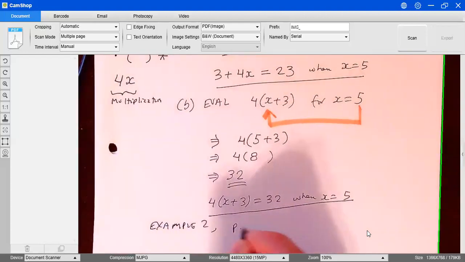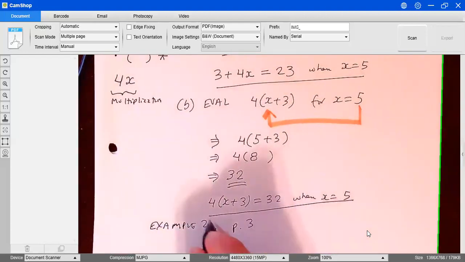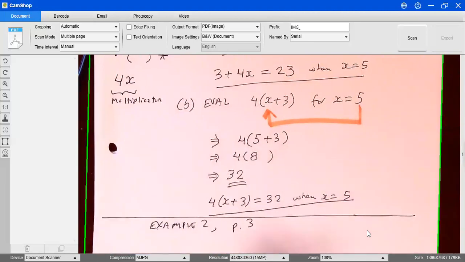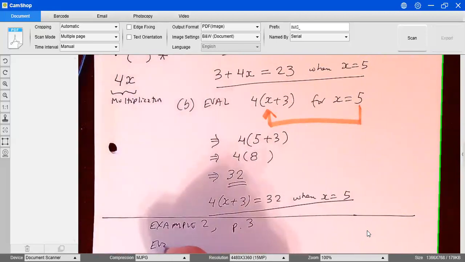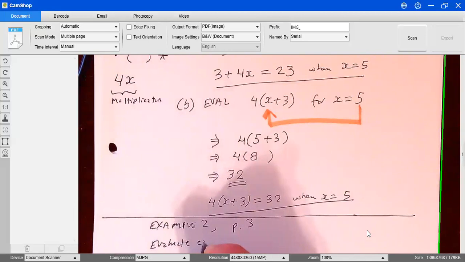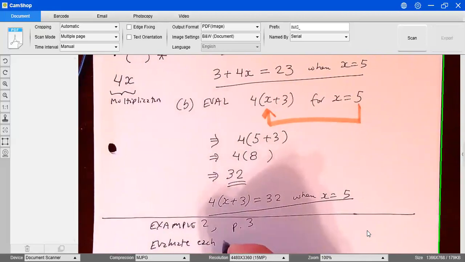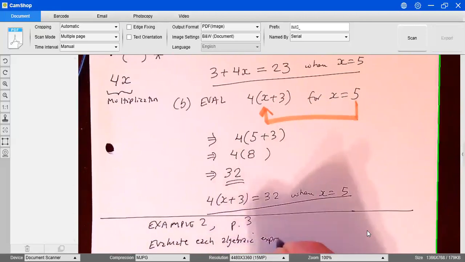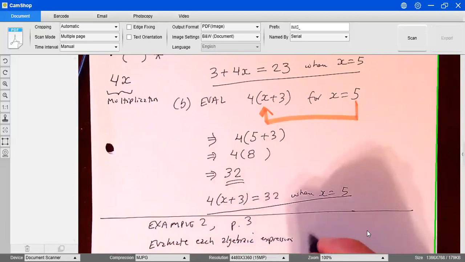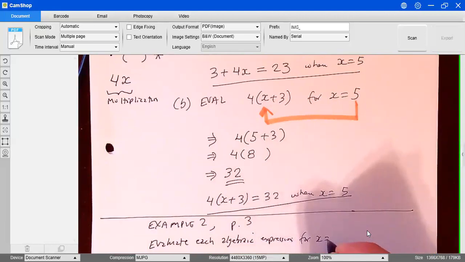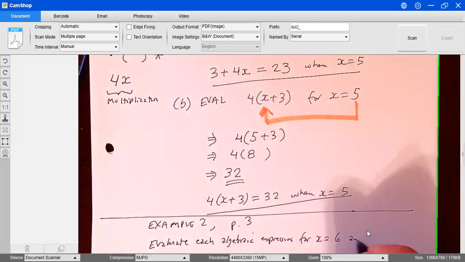Example 2 is on page 3. So example 2, page 3, it says evaluate each algebraic expression for x equals 6 and y equals 4.